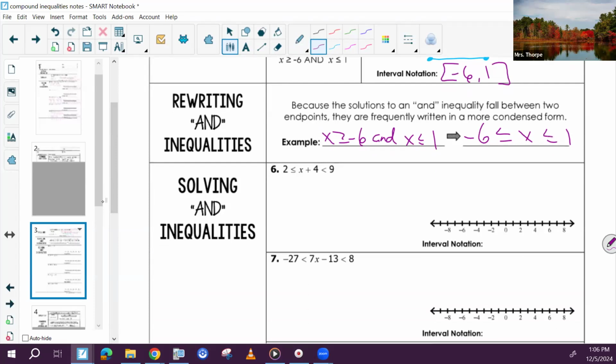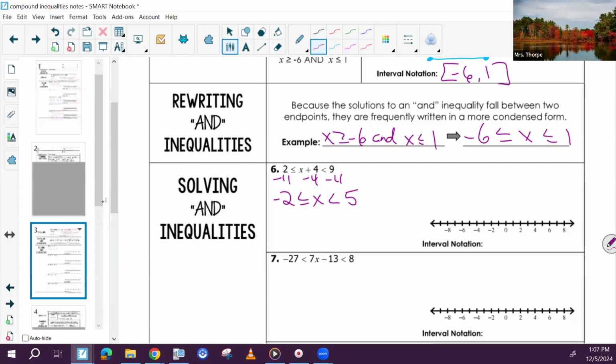How could I get rid of that 4? So I'm going to do that to everything in the middle and on the outsides. So that this becomes -2 is less than or equal to x, which is less than 5. It's already in condensed form, so I don't need to change anything.